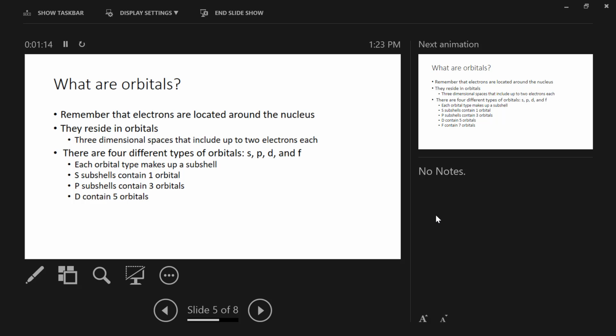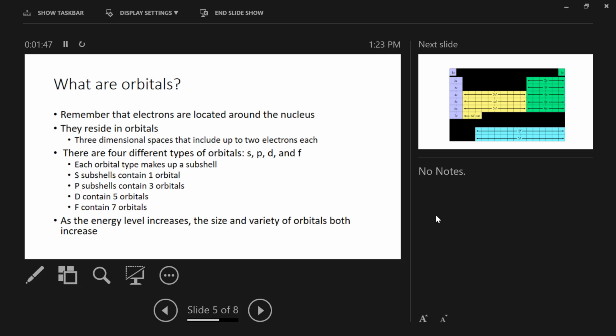Which means how many electrons? 10. And f subshells contain 7 orbitals. Okay? How many electrons can you have in an f subshell? 14. 7 times 2. Nice.